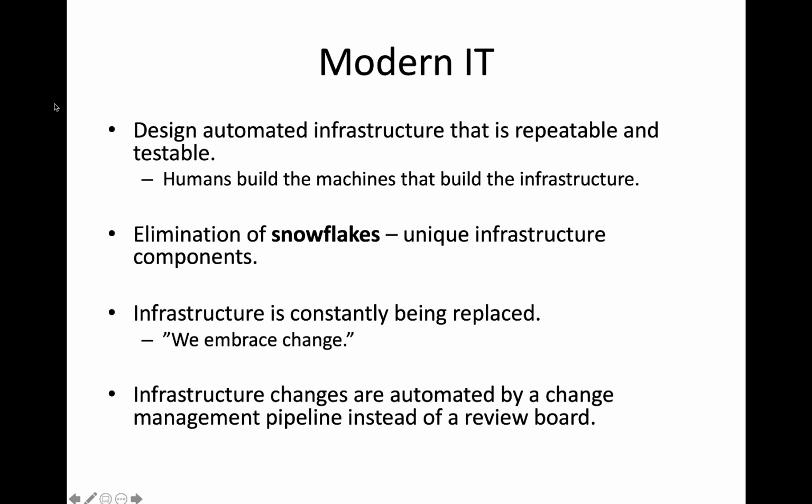And instead of pushing our change requests through a labor-intensive change advisory board that frankly doesn't do a very good job anyways, our infrastructure changes become automated through a service delivery pipeline process, instead of going through a change advisory board that relies on human-based intervention.